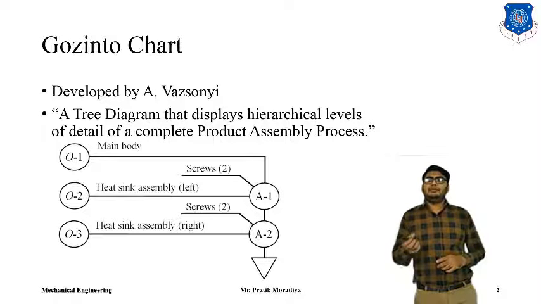So first there will be O1. In O1, that is the main body, we are adding some screws and we are adding O2, that is the heat sink. And after combining all those, main body, heat sink and screws, we are getting an assembly, that is A1.